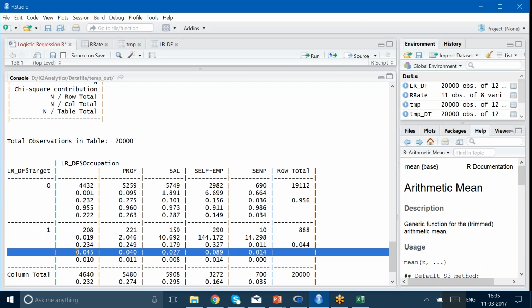Second approach can be, I'll keep this as missing only. Rather than bundling them with anyone, I'll say there's a decent number of population, which is 4640, and it's a categorical variable. Rather than putting it in one of these four known categories, I'll create a new category saying missing.